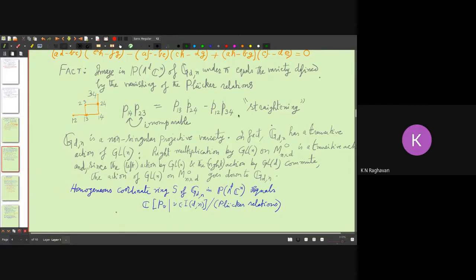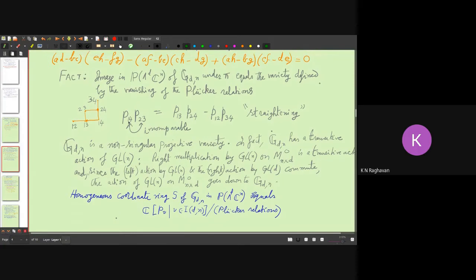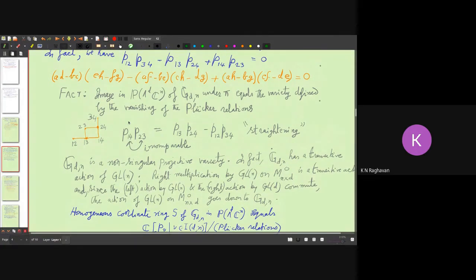For use at a later stage, I want to think of this Plucker relation as follows. So I want to rewrite this. I've written the same thing on top.